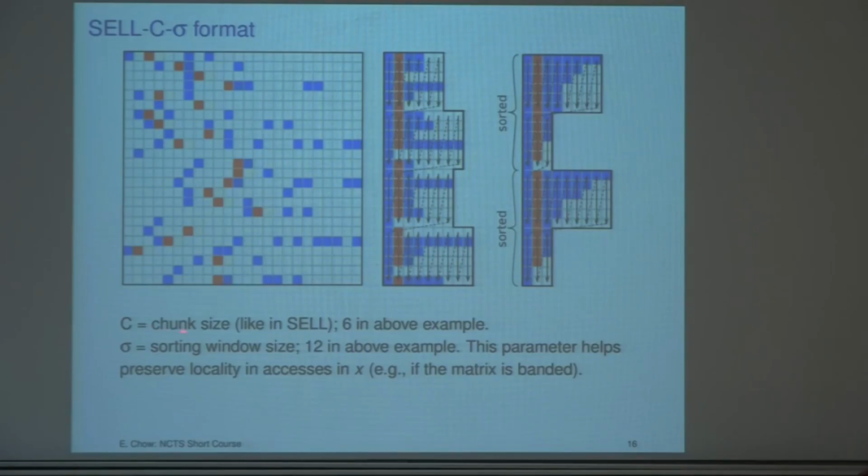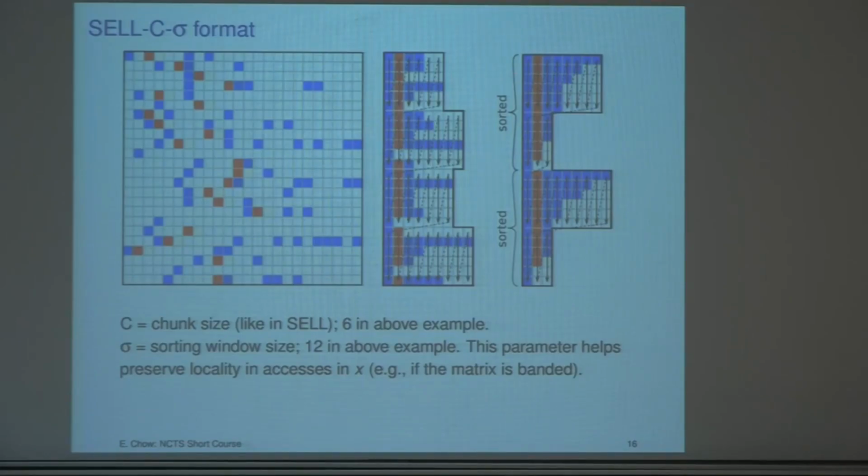Similar question to how do we decide what the chunk size should be, right? So I don't think that there is a good way to do this except to do some experiments for your different types of matrices. You want to choose a chunk size that will try to reduce the zero padding, right? You want to choose the sorting window size to try to reduce the amount of zero padding.